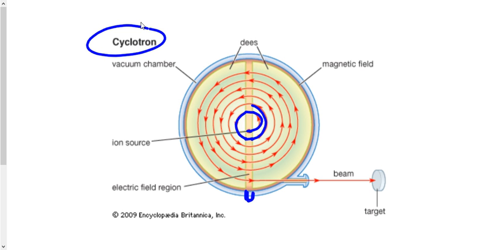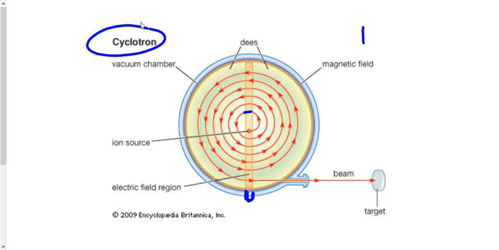Now, this doesn't look like a circle, right? This looks more like a spiral than a circle. Can anybody explain that one to me? Why is it spiraling out as opposed to going in a perfect circle? That's right. It's going straight, and what's it doing as it goes straight in the electric field? It speeds up. As it speeds up in the electric field, now the radius is going to be bigger.